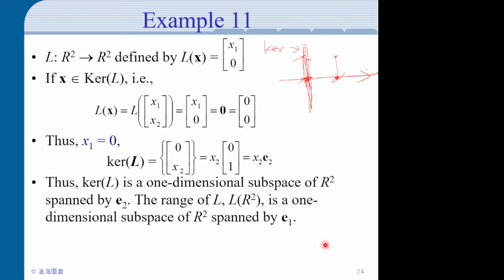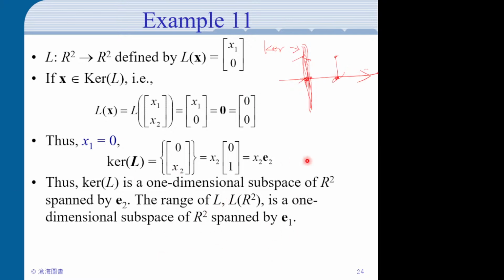And so that's the kernel, and we can also think about the range. What are all the possible things that are mapped by L, that's the image of this L. Everything gets projected onto the x-axis. So the range is the one-dimensional subspace, this x-axis, spanned by e1.